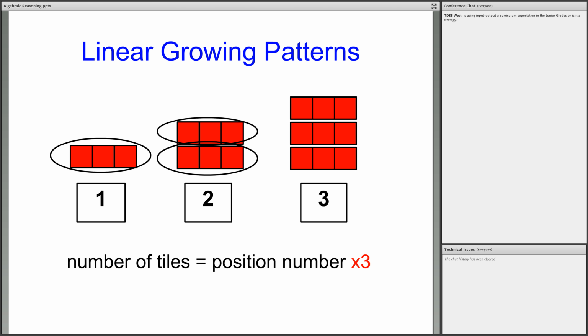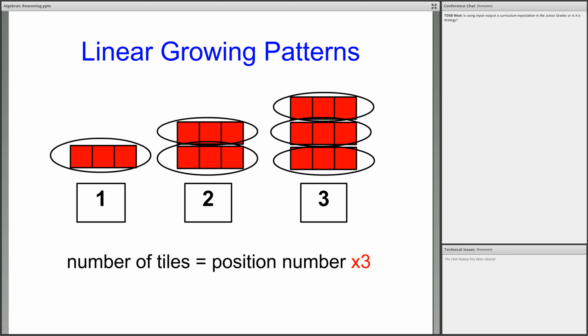Position 2, there's 2 units. And position 3, there's 3 units. And it's the process of building patterns and creating these units that are then replicated according to the number on the position that really help students to develop that understanding of unitizing.